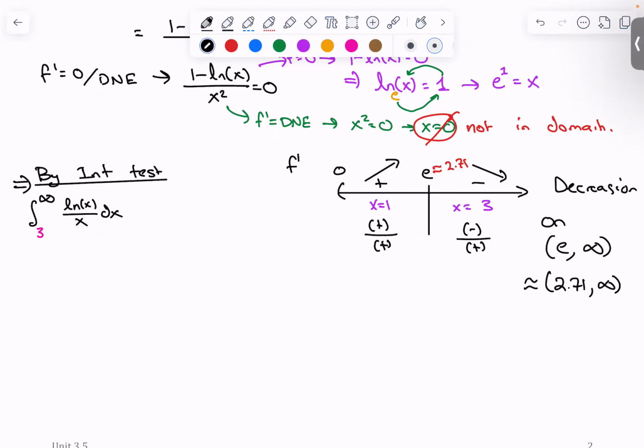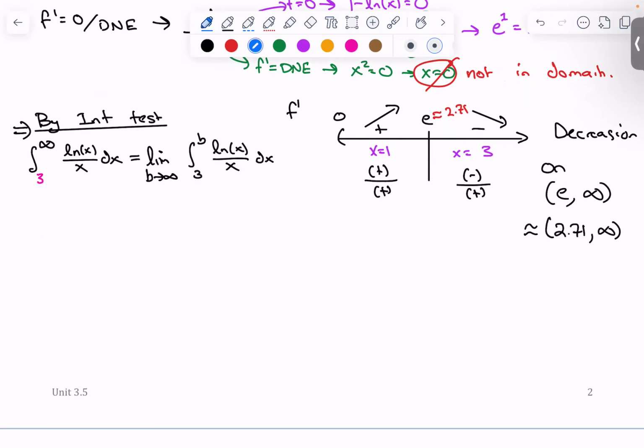I'm trying to pick an integer that is inside my interval. 2 is not, so it's not decreasing at 2, so I have to start with 3. If you remember our methodology for improper integrals, we first need to rewrite this in limit notation. The limit as b approaches positive infinity of the integral from 3 to b of natural log of x over x dx.